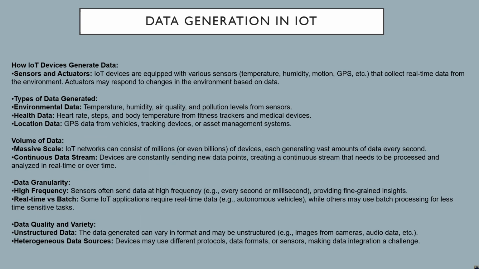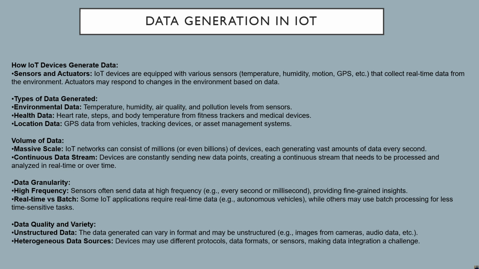Next, moving on to data generation in Internet of Things. IoT devices are equipped with various sensors that collect real-time data from the environment. Actuators may respond to changes in the environment based on the data. The types of data generated are environmental data, health data and location data.